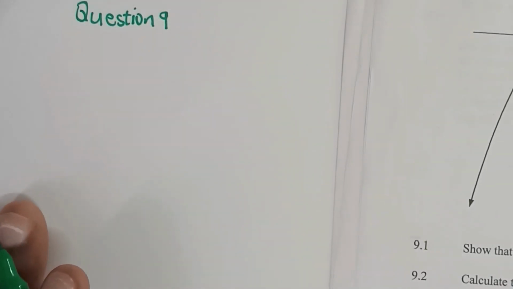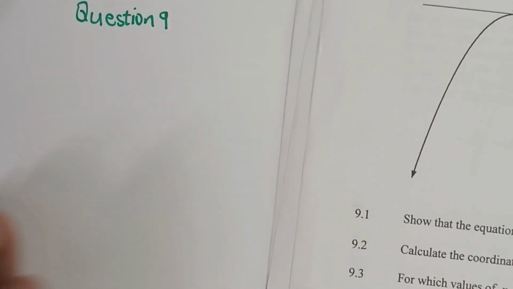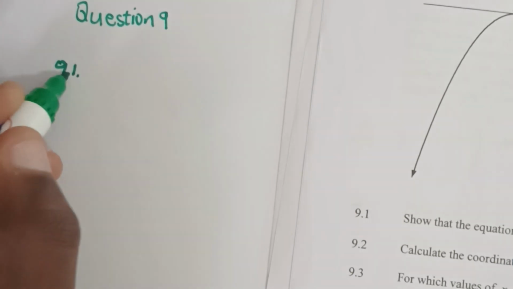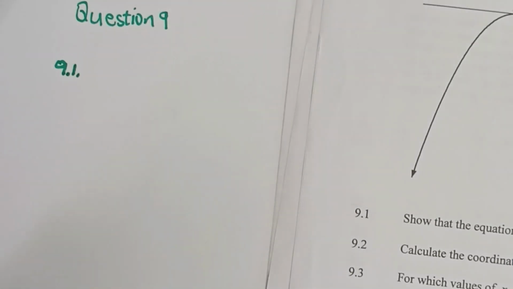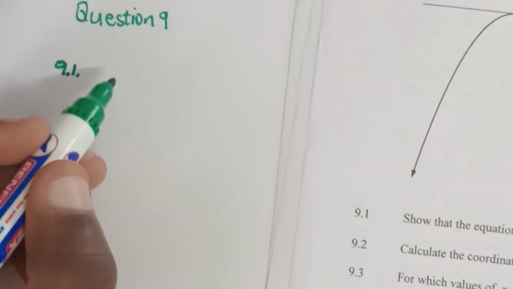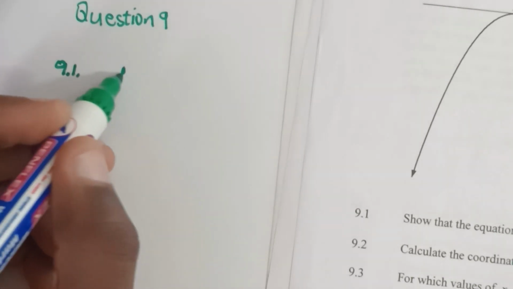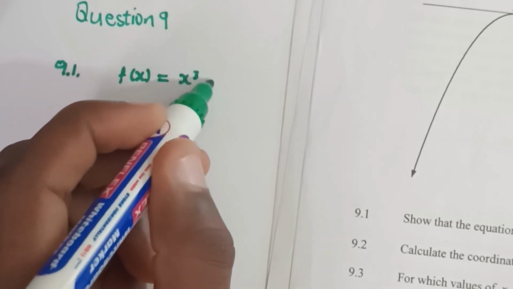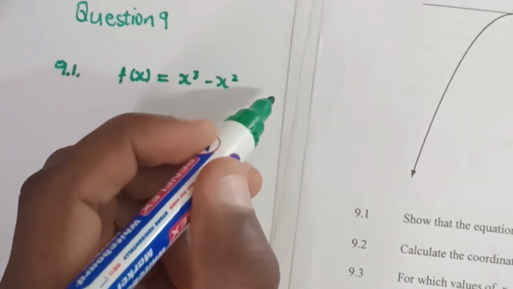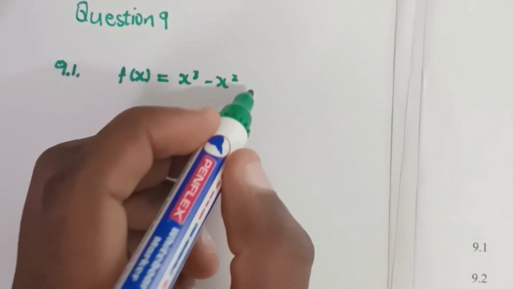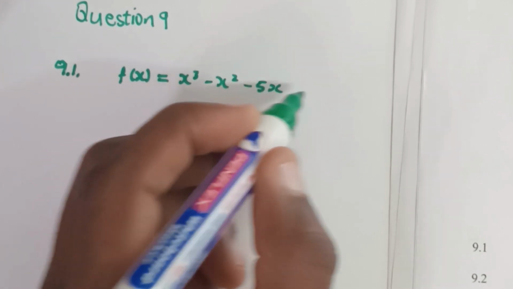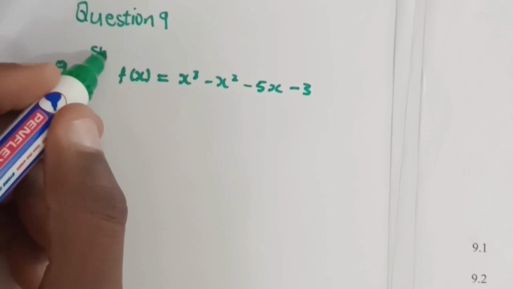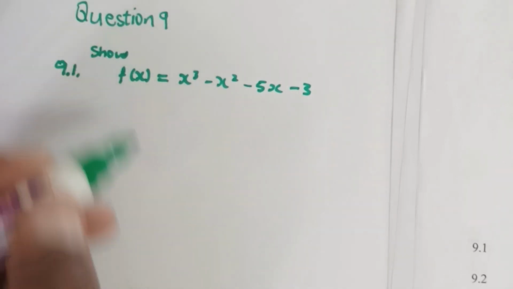In 9.1, they said we should show that the equation looks like this: f of x is equal to x cubed minus x squared minus 5x minus 3. We are required to show that.